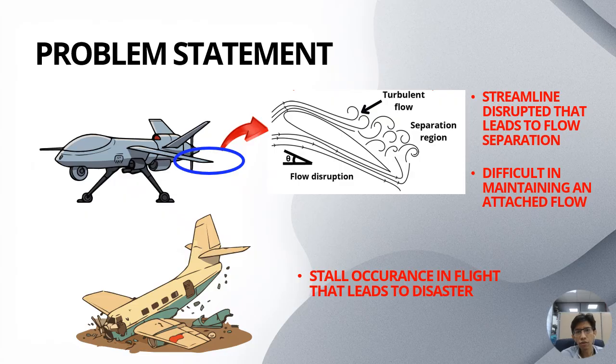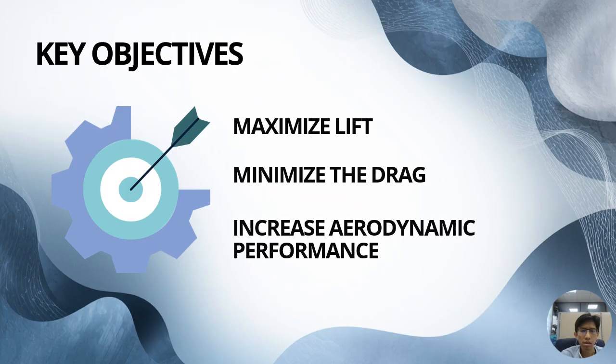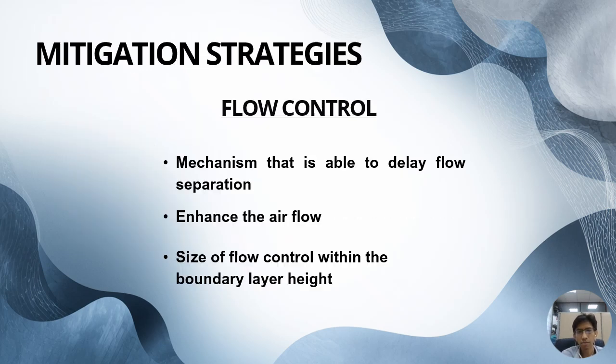With this flow separation, it will decrease the lift, increase the drag, and decrease the overall performance. And in the worst case, stall will occur, which could lead to a disaster. So the key objective to mitigate the flow separation is to maximize the lift, minimize the drag, and increase the aerodynamic performance.